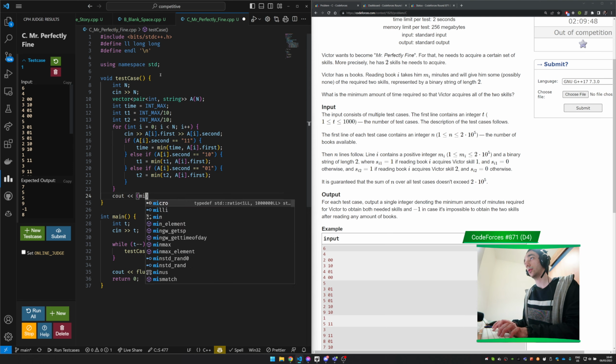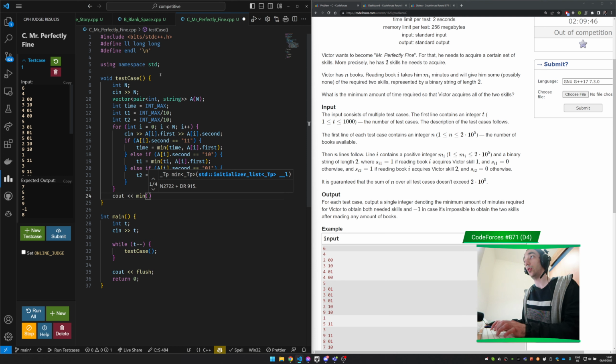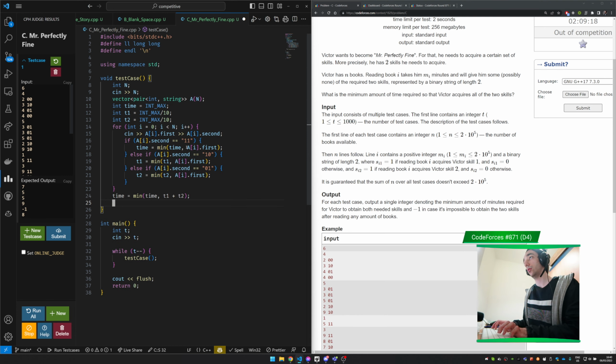And then we want to see the minimum of, so here we say that time is the minimum of time and t1 plus t2, so we just maybe combine these two.